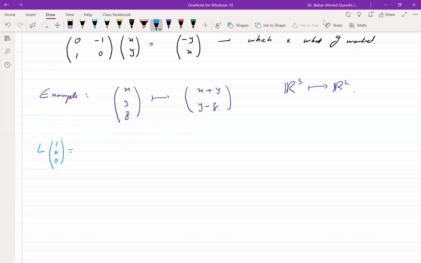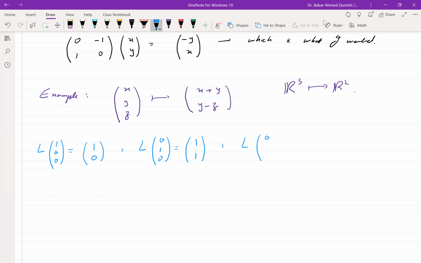So when you do it on the first, x plus y gives you a 1, y minus z gives you a 0. On the second basis vector, x plus y gives 0 plus 1, which is a 1, and then y minus z is 1 minus 0, which gives you a 1.